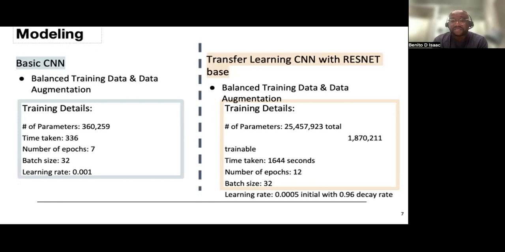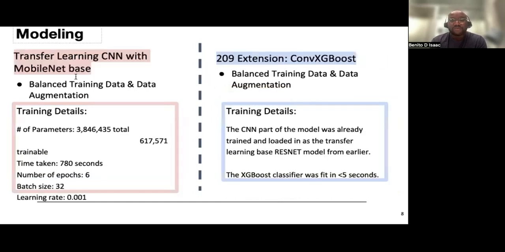We fit again the basic CNN, and we proceed after that to do transfer learning using state-of-the-art models such as ResNet and also MobileNet. And finally, as part of our extension requirement, we use convolutional XGBoost that we saw from a paper to improve accuracy on classification tasks.